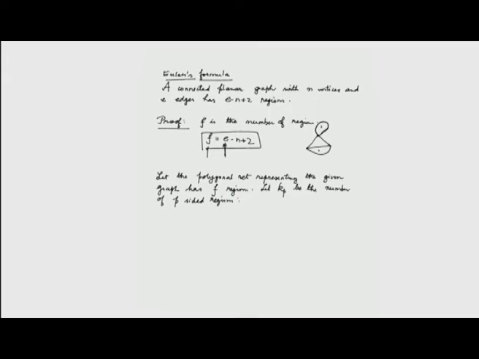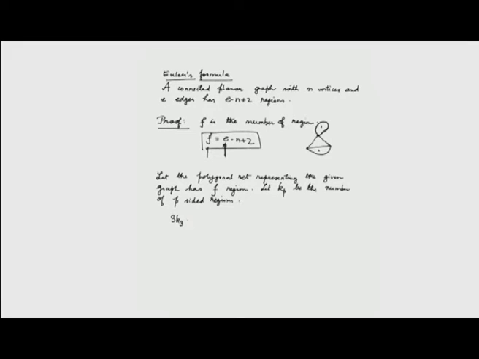So, what we are saying here is that if a planar graph can be drawn on a plane, it is by the vertices and the joining edges as straight lines. Therefore, I will always be able to represent a graph by a polygonal net.